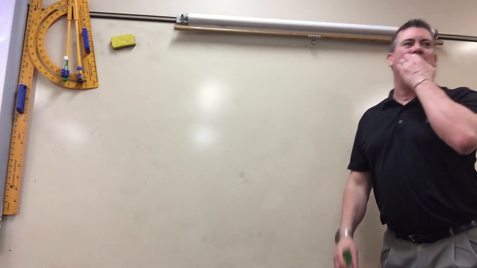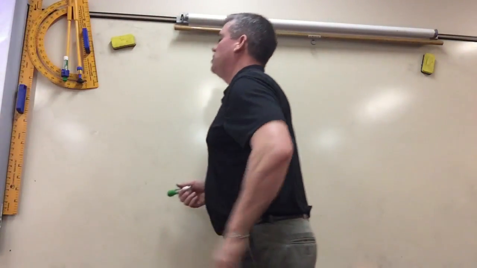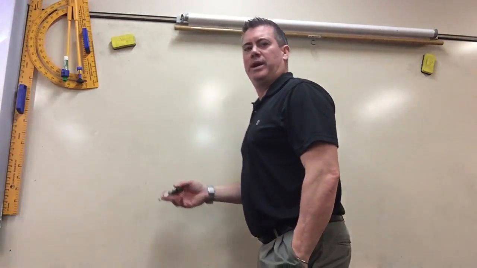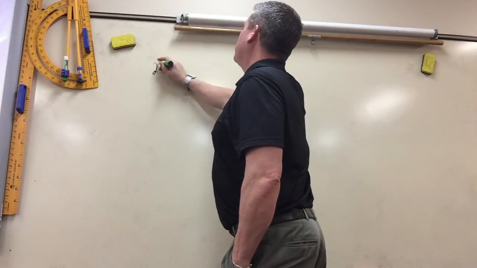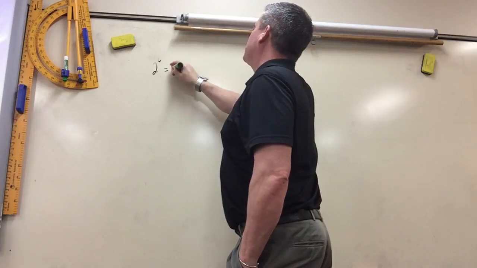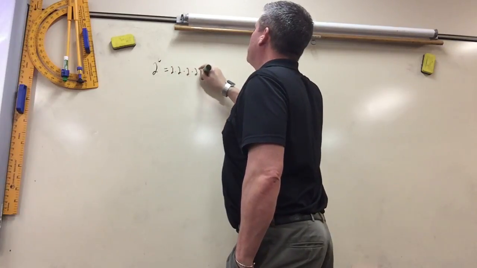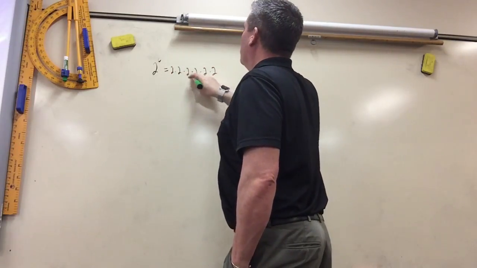With exponents, the pattern for exponents, I'll just do the twos. 2 to the 6th is 2 times 2 times 2 times 2 times 2 times 2.